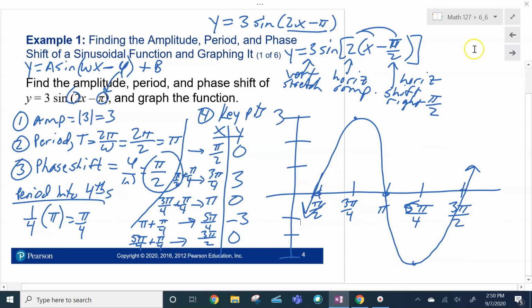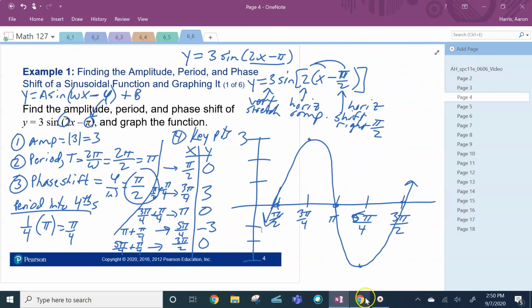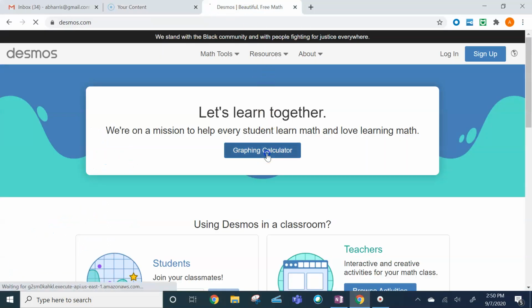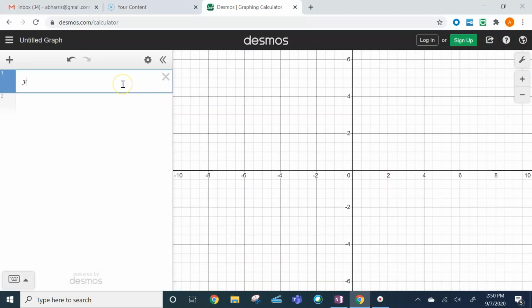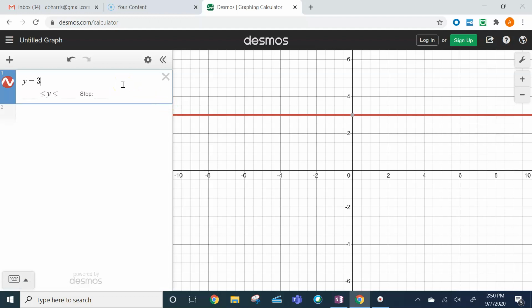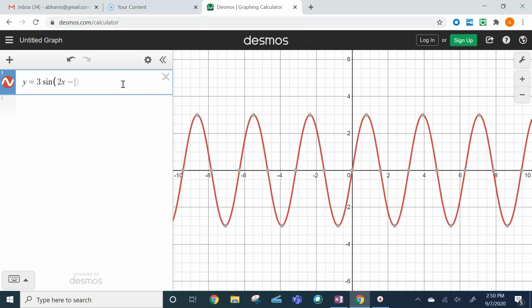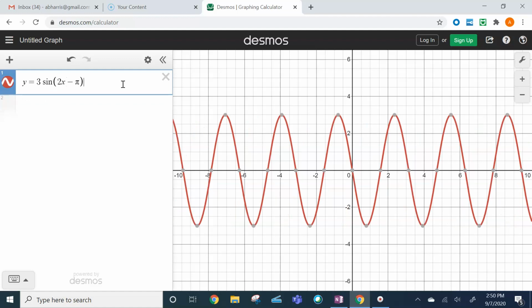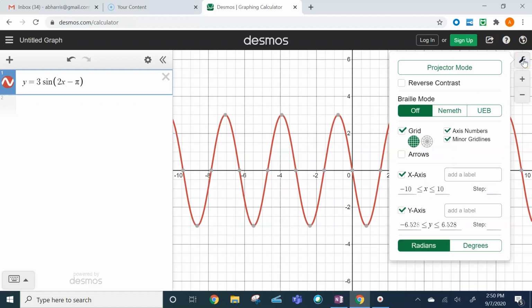of 3 sine 2x minus pi. Y equals 3 sine 2x minus pi. And what I'm going to do, I'm going to change this. Here's how you change your window, of course.